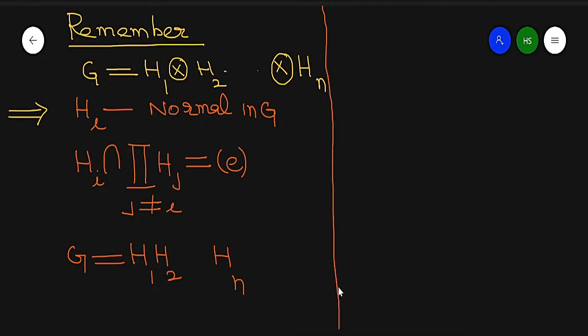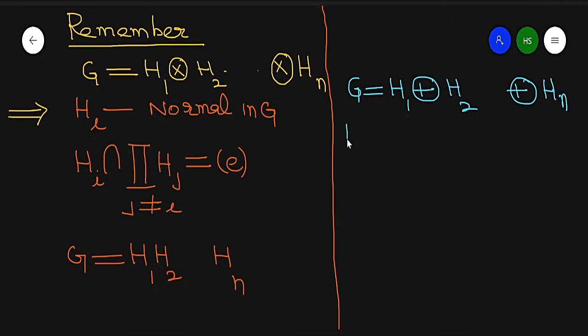Now if it is a direct sum, here we were using direct product. If the binary composition is plus, then it is a direct sum. So what is direct sum? H1 plus H2 and so on plus Hn.